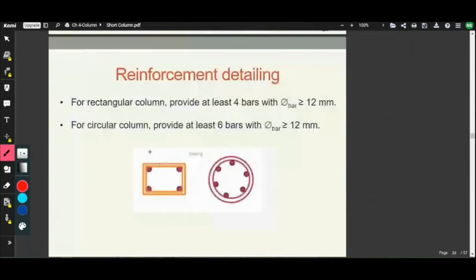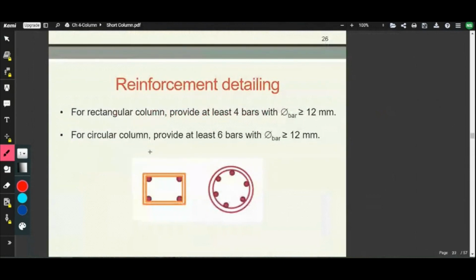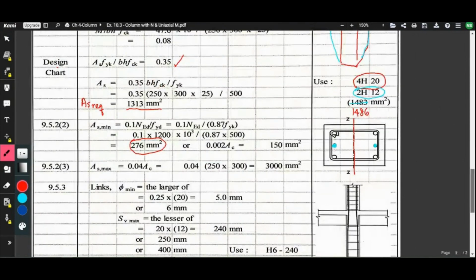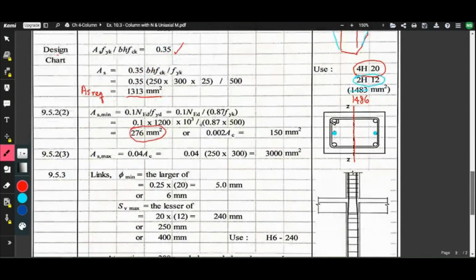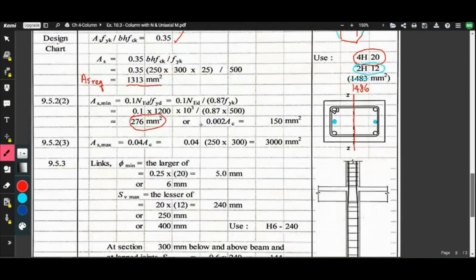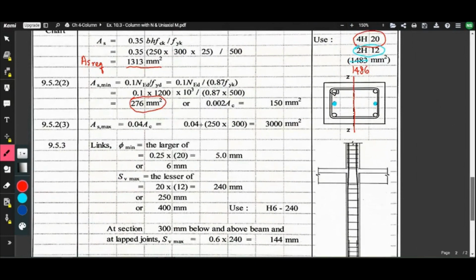You cannot use lower than 12 mm. So that is the main reinforcement for the column.